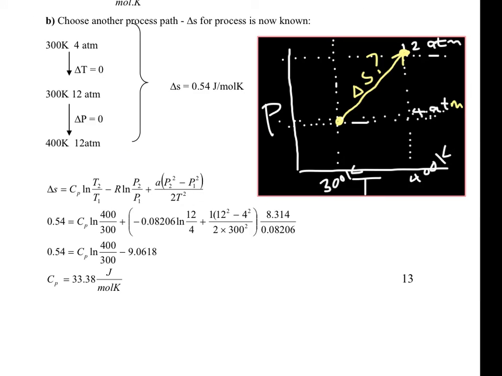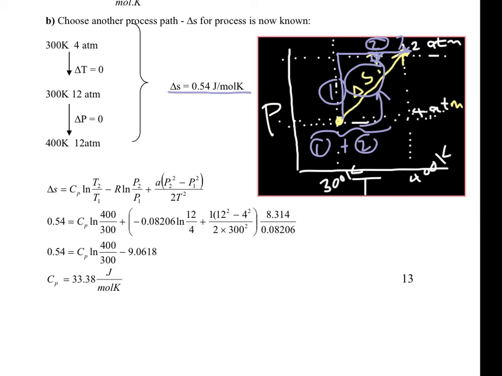At this stage of the problem, we know what the value of the entropy change is for this gas between a state at 300 Kelvin, 4 atmospheres, and 400 Kelvin and 12 atmospheres. So we can now design a path, step 1, step 2, in which the entropy change in step 2 is the unknown, since 1 plus 2 must be equal to that total value that we calculated previously.